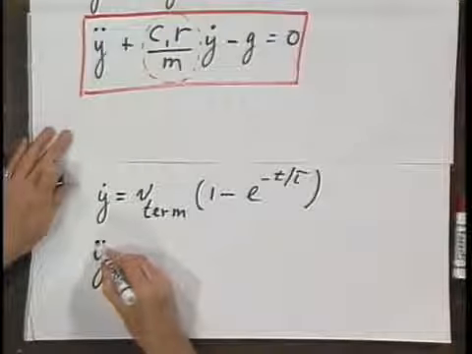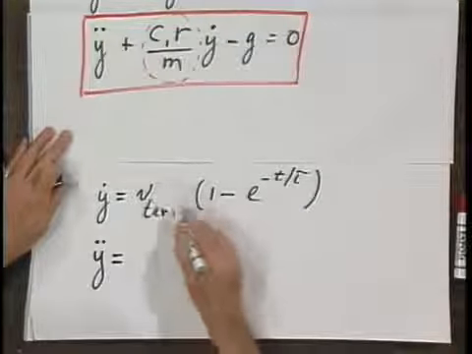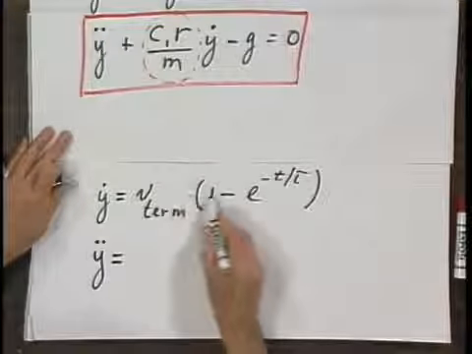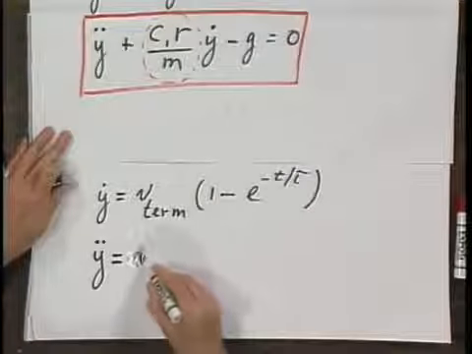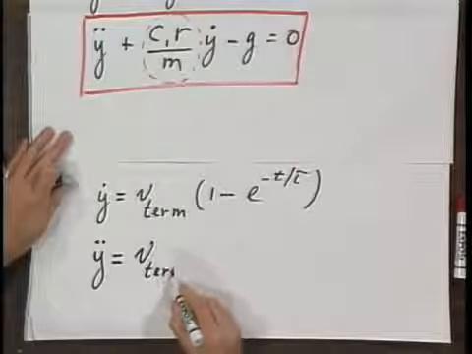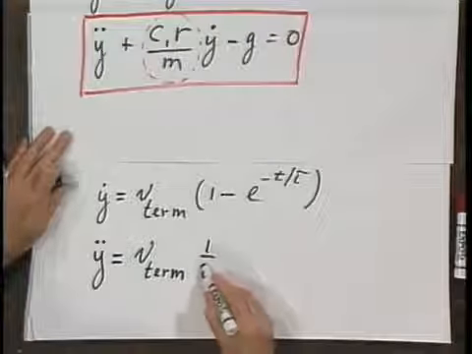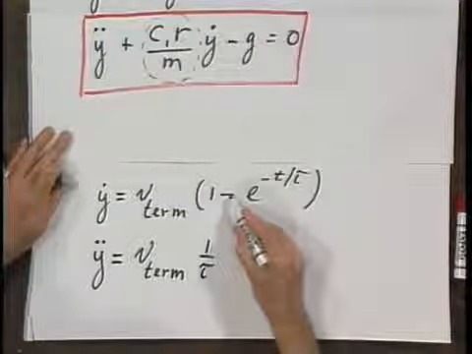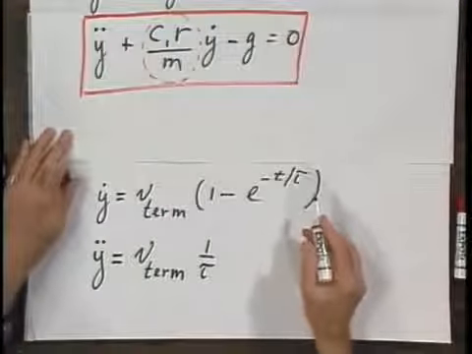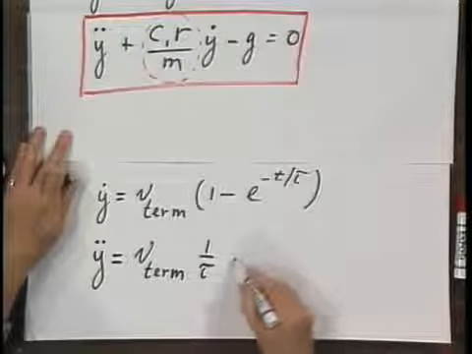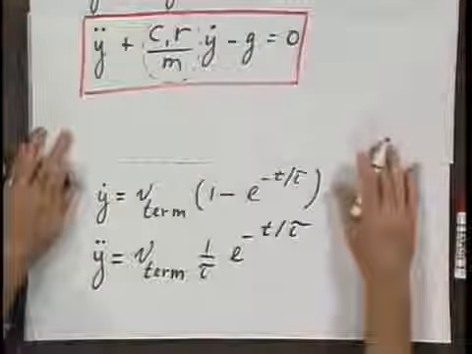Y double dot, the second derivative, then becomes, the first term is a constant, so that derivative is 0, but the second term, I get v terminal, I get 1 over tau, I get a minus 1 over tau plus another minus sign so that the minus signs disappear, e to the minus t divided by tau.